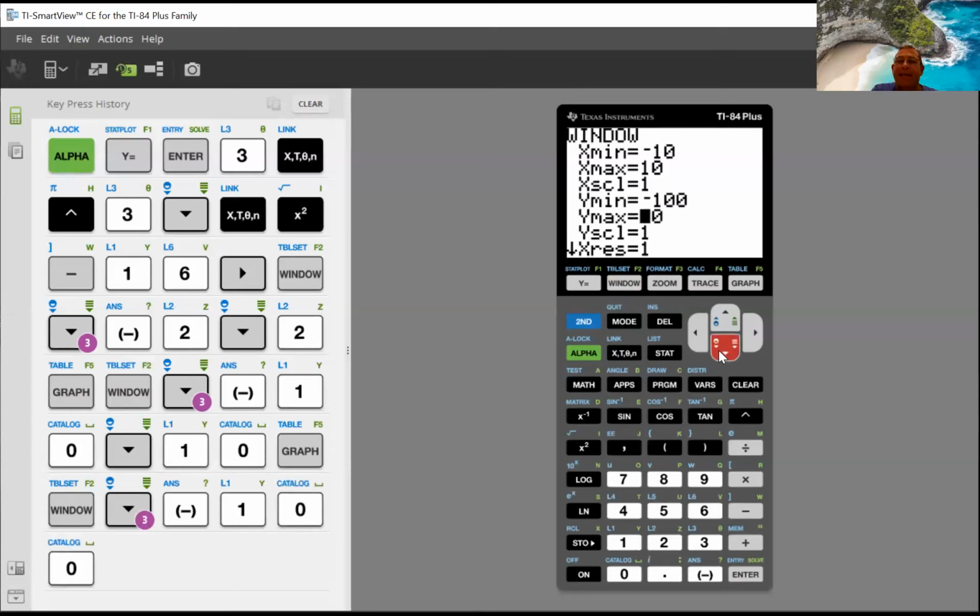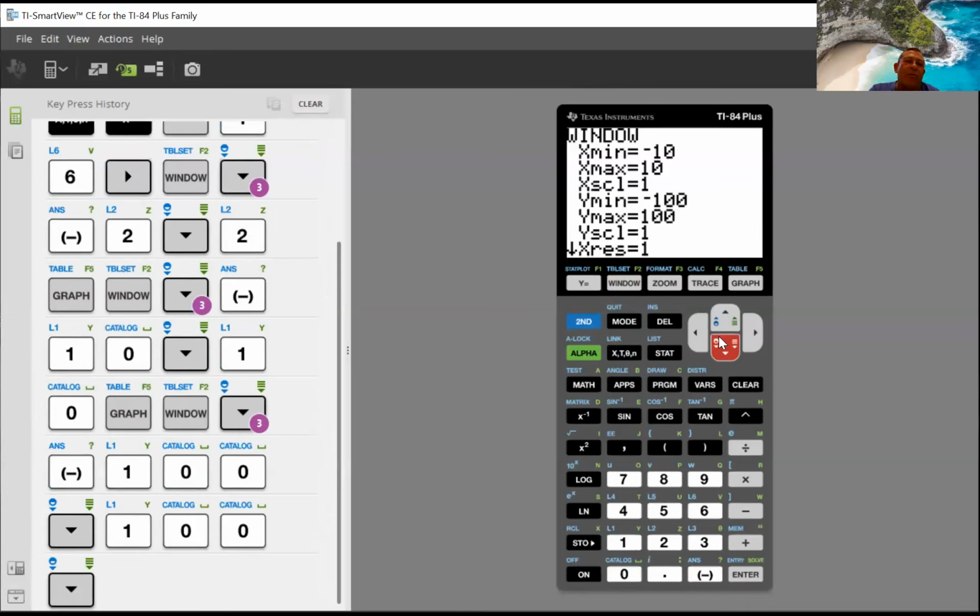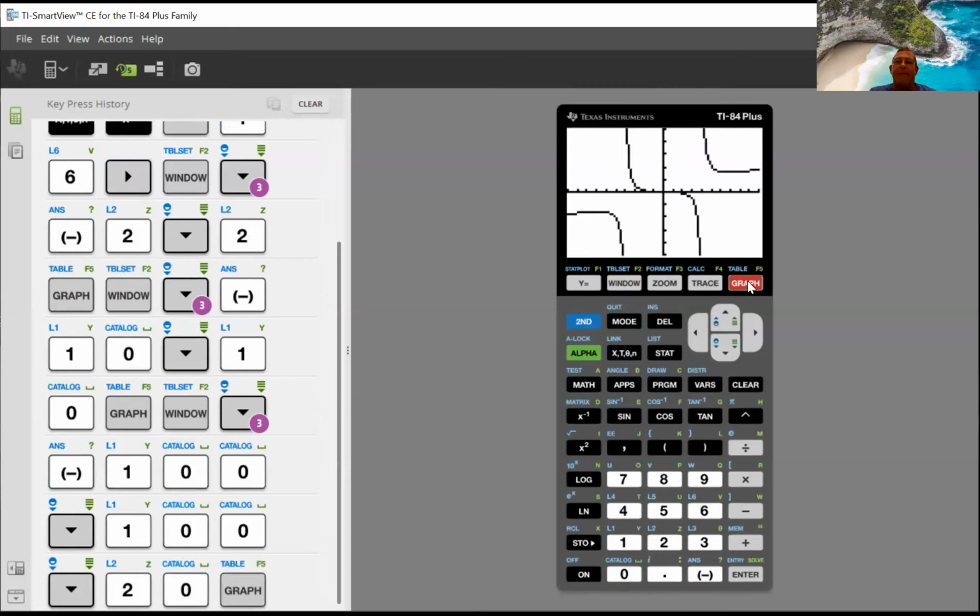Oh, I'm wearing my eyes and I can't even see that, y'all. And then I think the Y scales they were doing, you don't really have to change the Y scales, but it does give you those tick marks like they're doing. Now let's graph. And there we go.